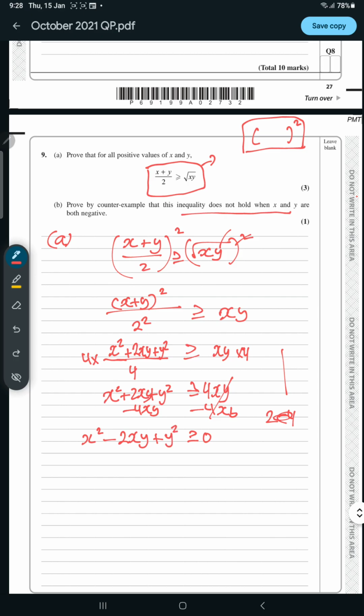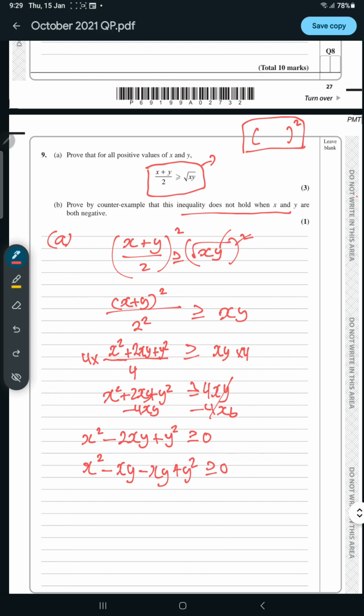Here we need to do algebraic factorization. So what we can do over here is just split it up, the minus 2xy, to do algebraic factorization.